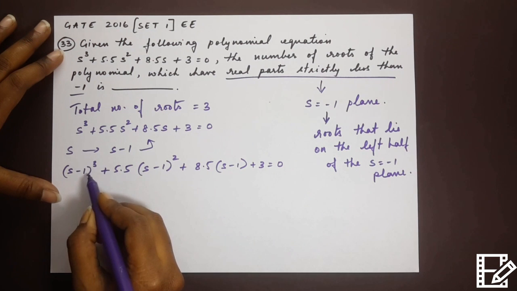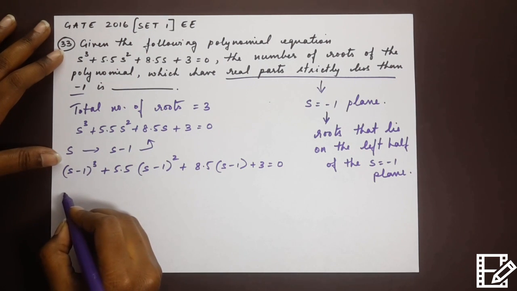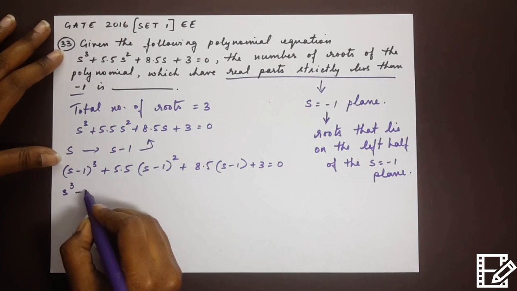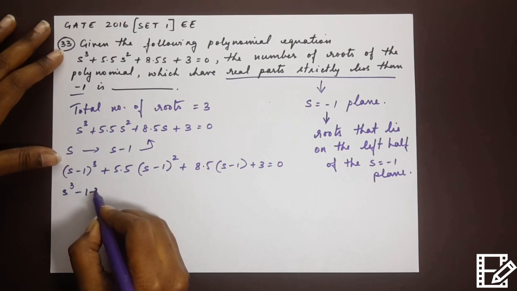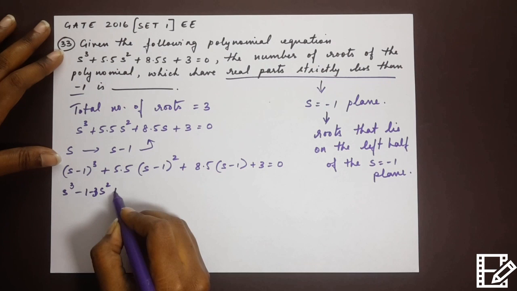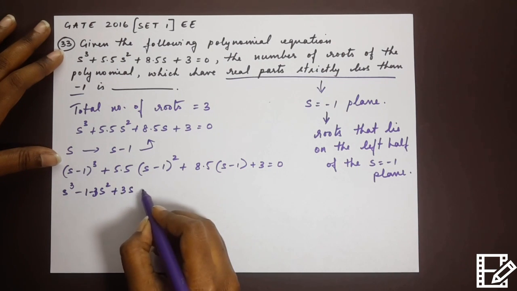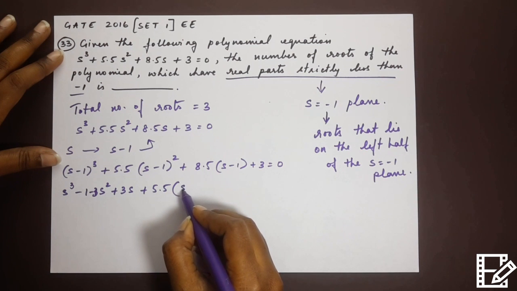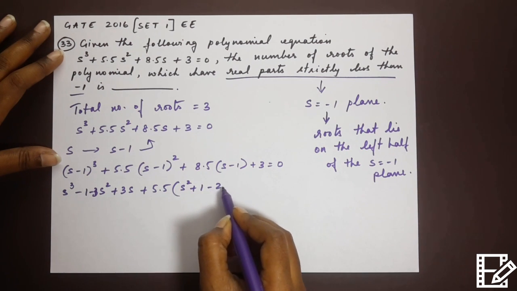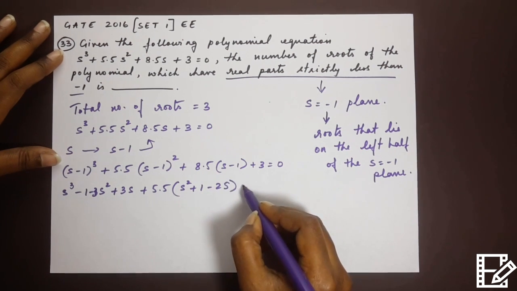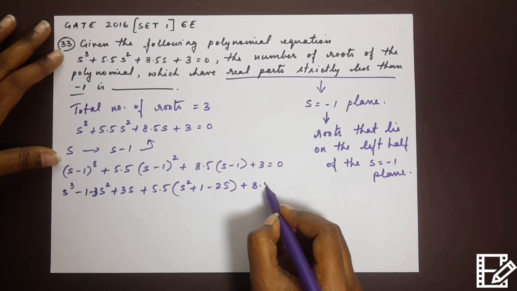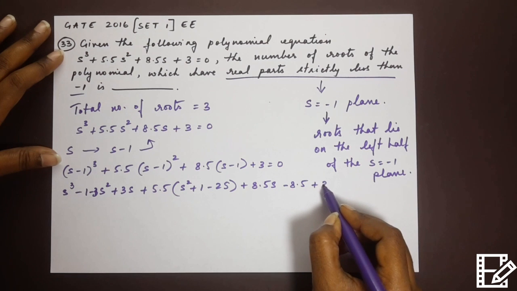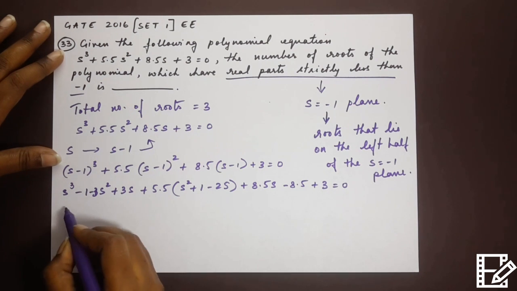So, let's do that. Now, (s minus 1) whole cube is s cube minus 1 minus 3s square plus 3s, plus 5.5 into s square plus 1 minus 2s, plus 8.5s minus 8.5 plus 3 is equal to 0.